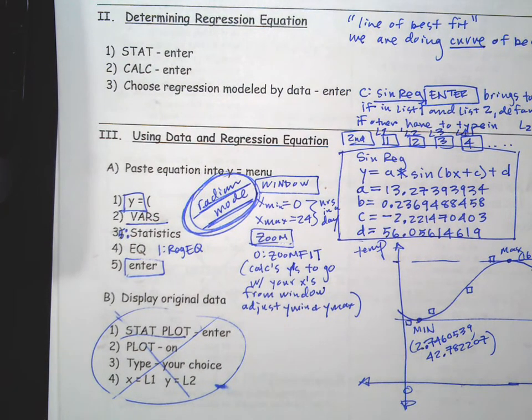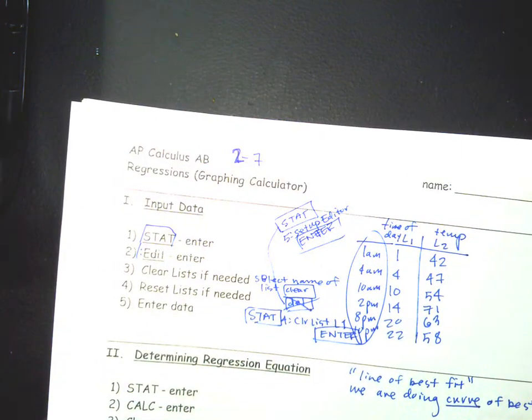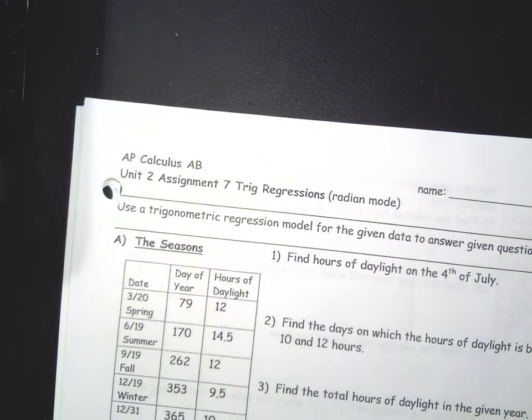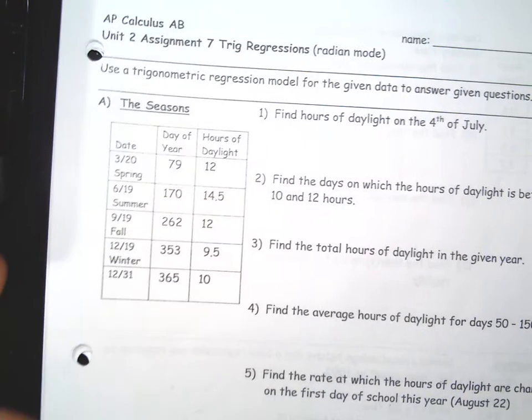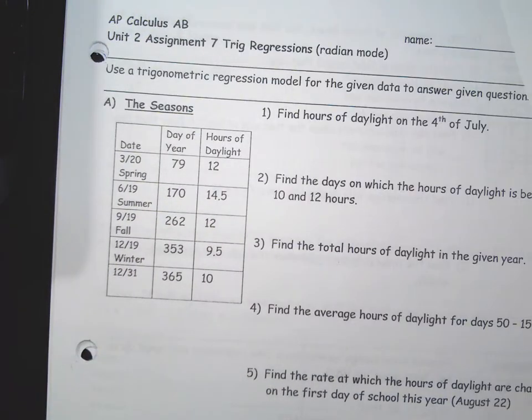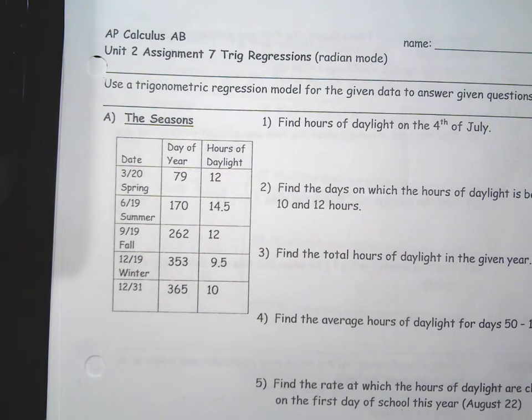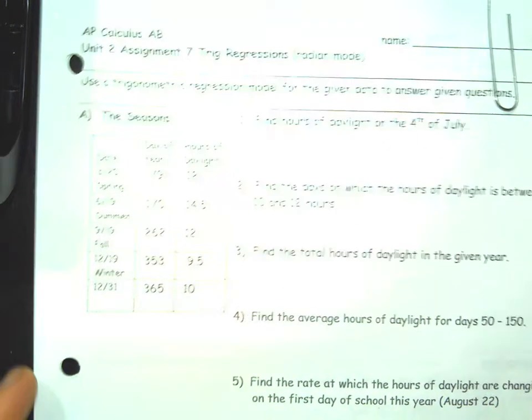Anyways, on the homework, so the homework is on a separate sheet. What I'm giving you is 4 sine regression problems. It takes a bit of work to enter the information, get the equation and paste it, so I'm only giving you 4.